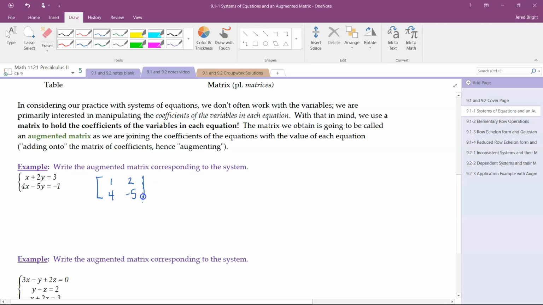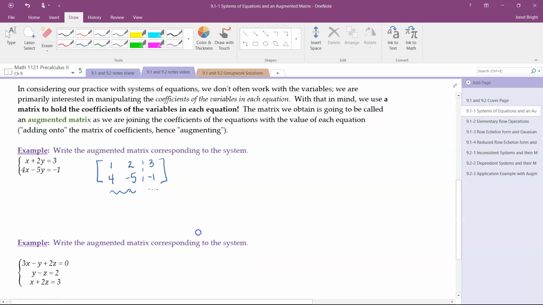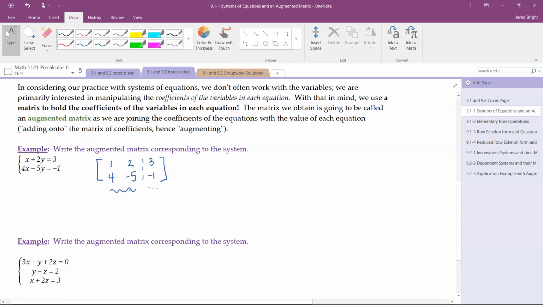You might see me do a solid line on occasion. It doesn't much matter. All this line, whether it's solid or dashed, is here to do is indicate that to the left of it, those are the coefficients of x and y, and to the right are the solutions. Okay, so there's my augmented matrix, and again, I kind of split it into two pieces, the coefficients and then the solutions.